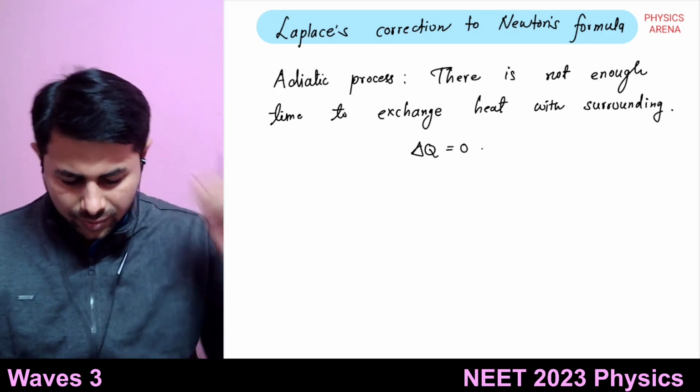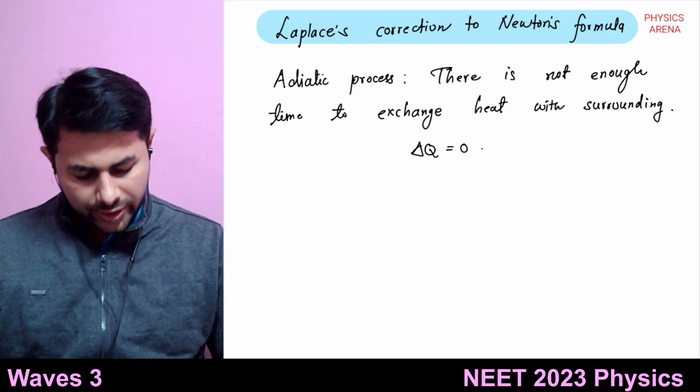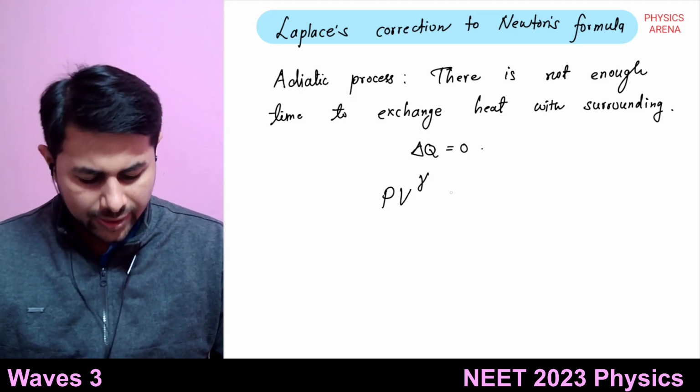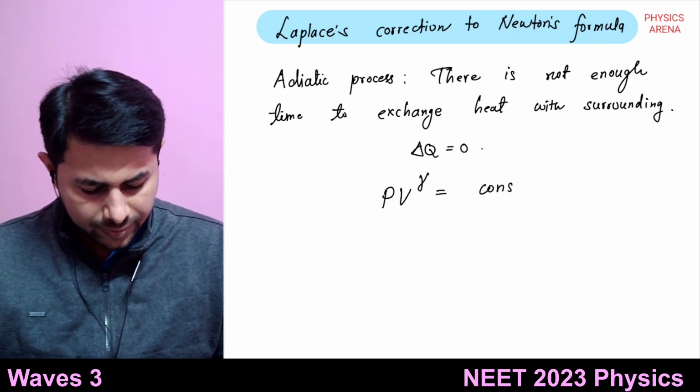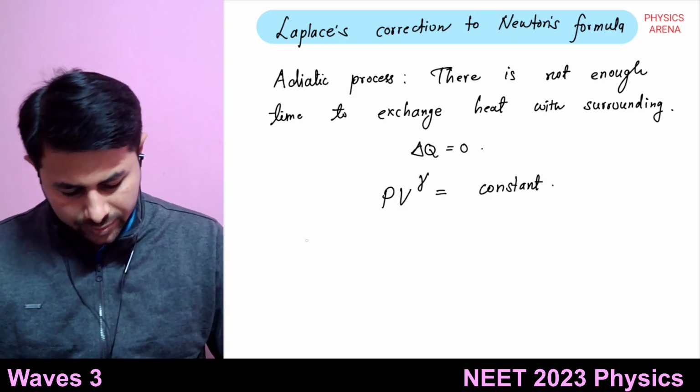So what happens in case of an adiabatic process? In case of an adiabatic process, PV raised to gamma remains constant. And what is this gamma?